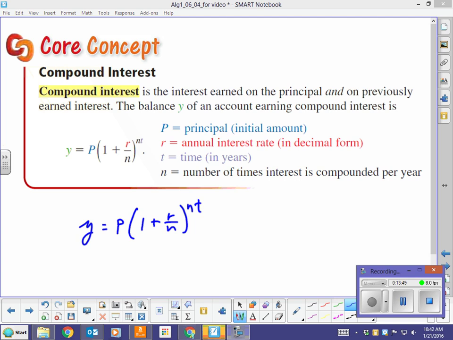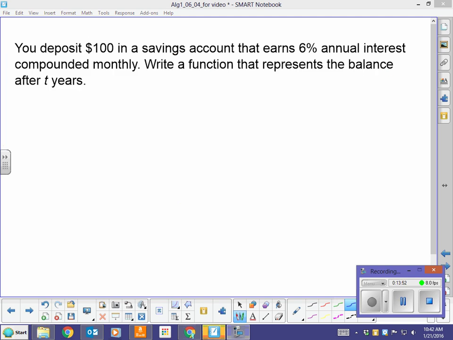Okay, so let's look at a problem here. You deposit $100 in a savings account that earns 6% annual interest compounded monthly. Write a function that represents the balance after t years. So here's our form again. Y equals P times 1 plus R over N, all to the power of N times T. So we start with $100.